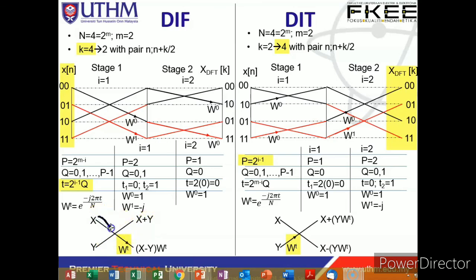This x, we go to the middle, and y we will also go to the middle. The operation between these two variables at the upper side will be plus. So x plus y, and then at the lower side the operation between these two variables will be negative or minus.